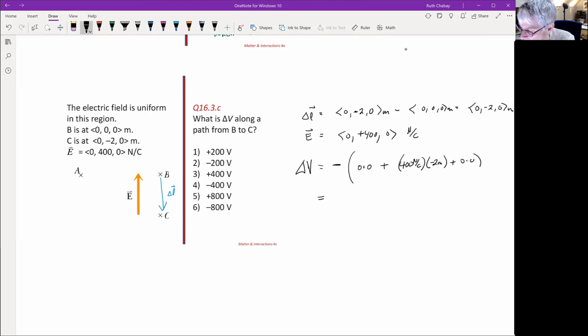So we get a plus 800 joules per coulomb or volts. So notice here that delta L is opposite to E, and the potential difference is greater than 0.